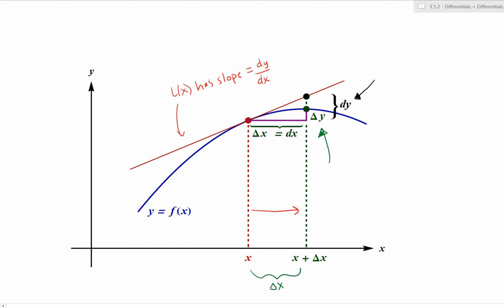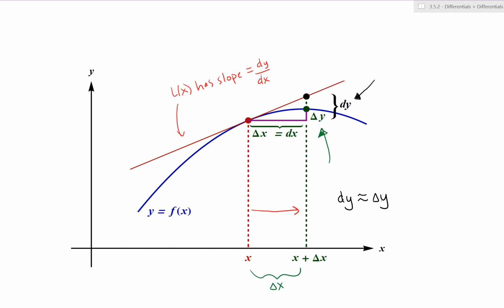And so, in general, that change in the output direction of the linear approximation here, the tangent line at x, as we can see, is not going to be, in general, the same as the change delta y. Now, coincidentally, it could be, but in general, that's not true. And so we should think this change in the y direction of our linearization at x can really give us an approximation to the change of the corresponding function values as we move from x to x plus delta x in the x direction.